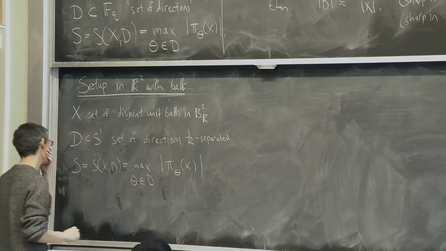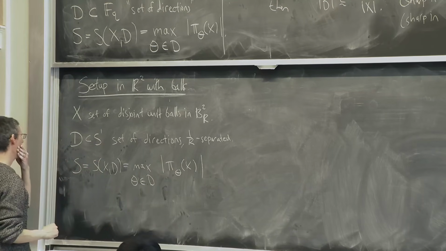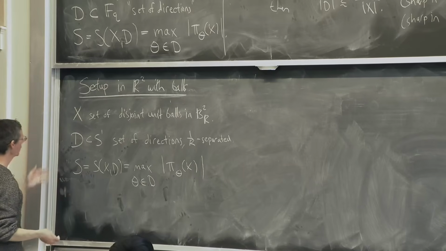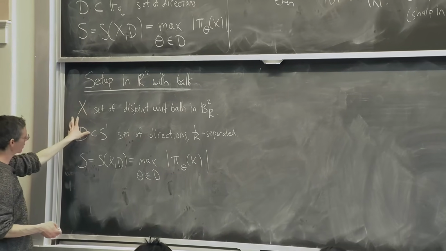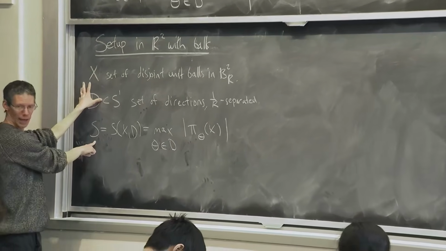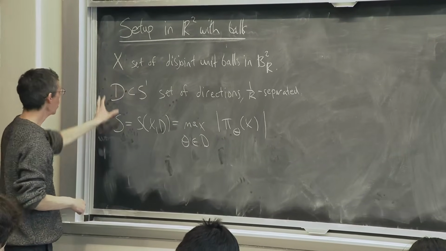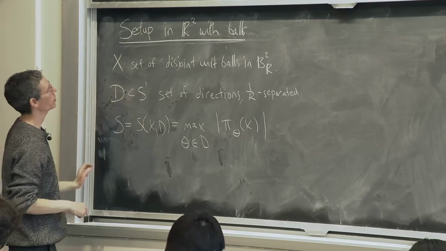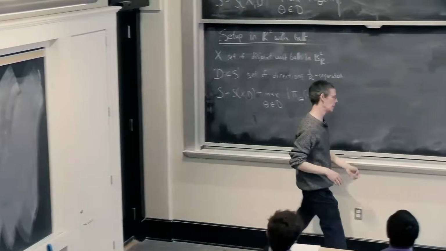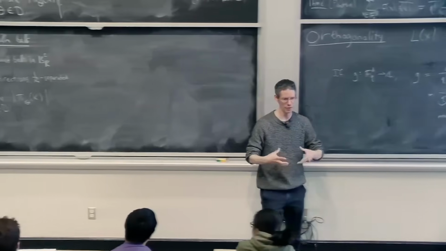All right. So we could ask, just in terms of the size of X and the size of D, what can you say about S? And how does it compare to the finite field case? And we saw last time that it's rather different from the finite field case because of an example where X is very clumped together.